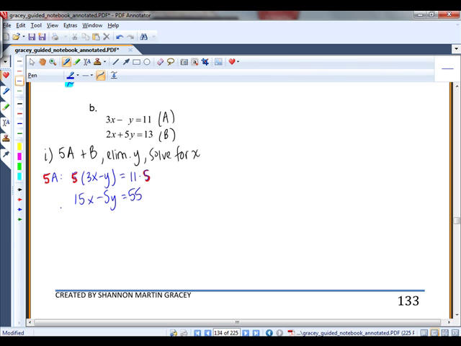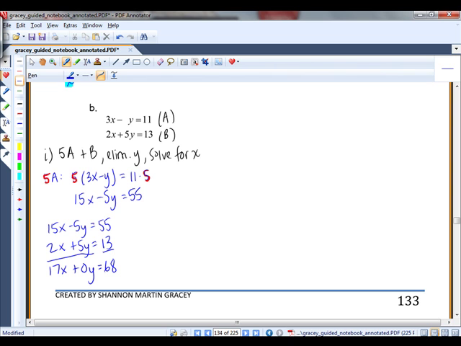So, let's put our new system into place. 15x minus 5y equals 55. And then we have equation B, which is 2x plus 5y equals 13. So when we add these, we're going to get 17x plus 0y is equal to, let's see, 68.